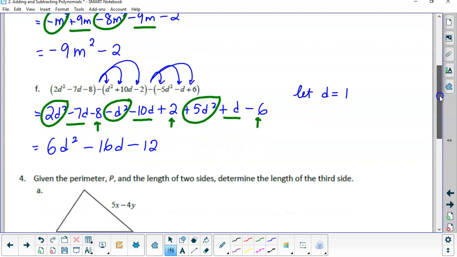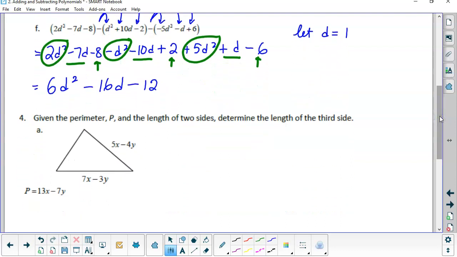Then the last two here are sort of application questions. So you're given the perimeter and the length of two sides. Find the length of the third side. So you're subtracting. Do you need to show a whole equation? Well, it might be helpful.